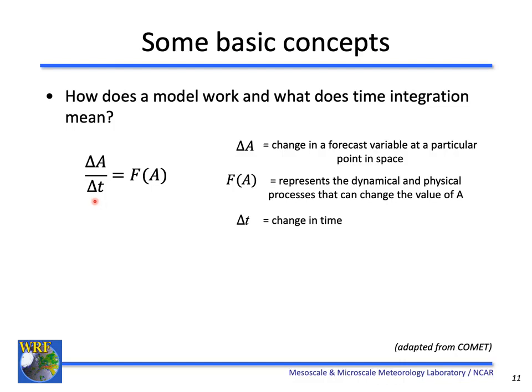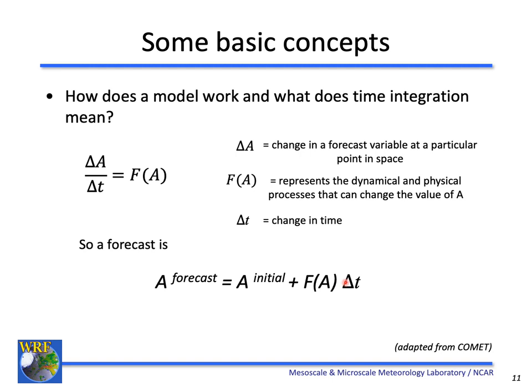Hence, the solution of A at some future time can be written as the value of A at the start time, i.e. the initial condition, plus the forcing in the model times the time step, delta t. Because the forcing term varies with time, one cannot get the solution of A in the future in one time step.